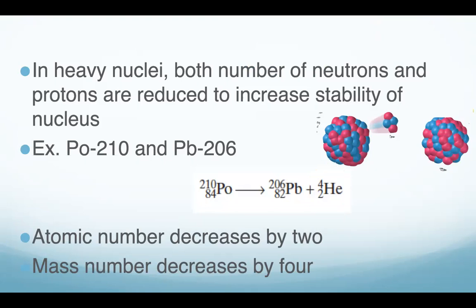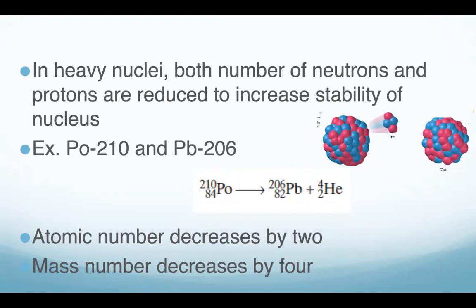The easiest thing to do is look at the total mass on the left and make sure the total mass on the right is equal, and the same for atomic number, which is on the bottom. So you've got 210 here, 206 plus 4 is 210, and 82 plus 2 is 84. This is the way that you're going to solve a lot of these reactions. I have a worksheet that we'll go through together just to practice how this works.